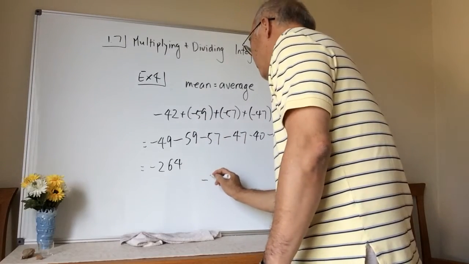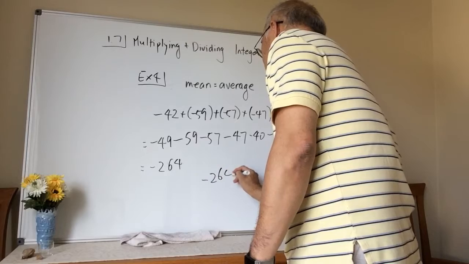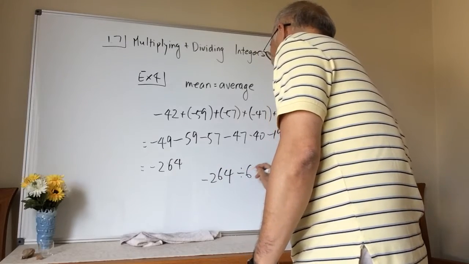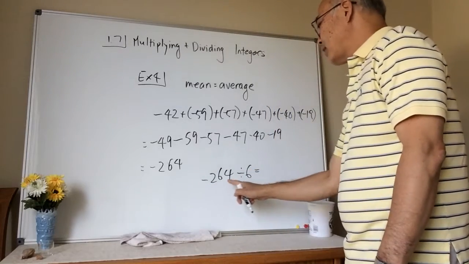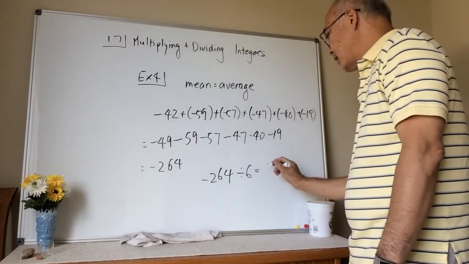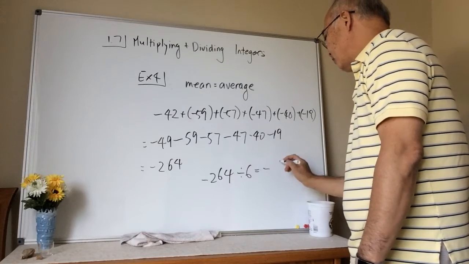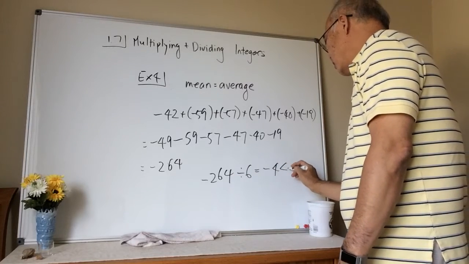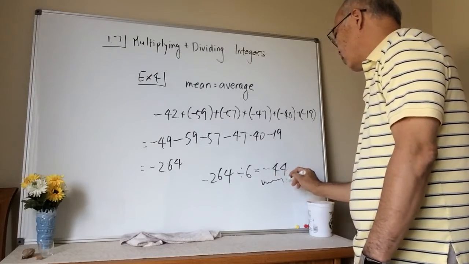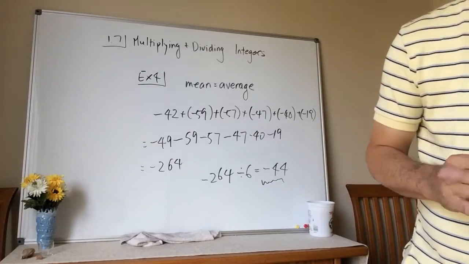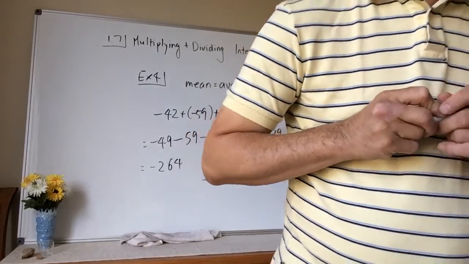So we do negative 264 divided by 6. A negative number divided by a positive number gives a negative number. If I divide that, I get negative 44 as the average temperature, which makes sense.